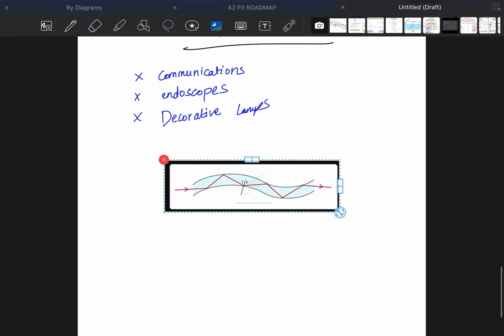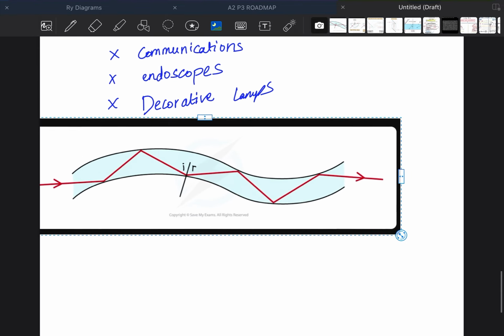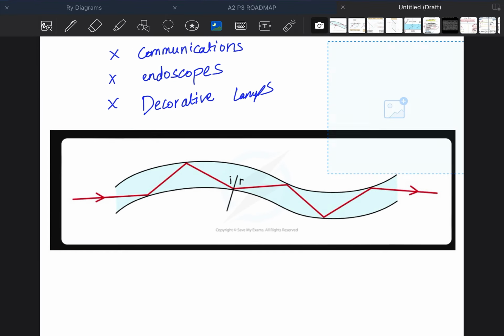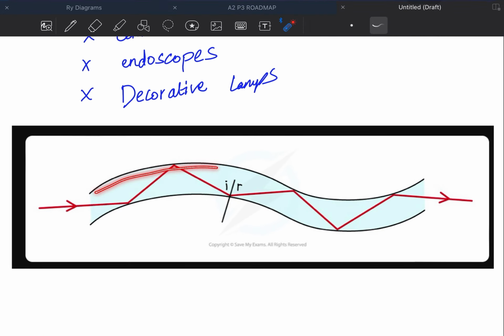I will show you a diagram for total internal reflection. This is how total internal reflection takes place in optical fibers. This blue line is the optical fiber, and this is the total internal reflection taking place. Light traveling down an optical fiber is totally internally reflected as it hits the edge of the fiber.